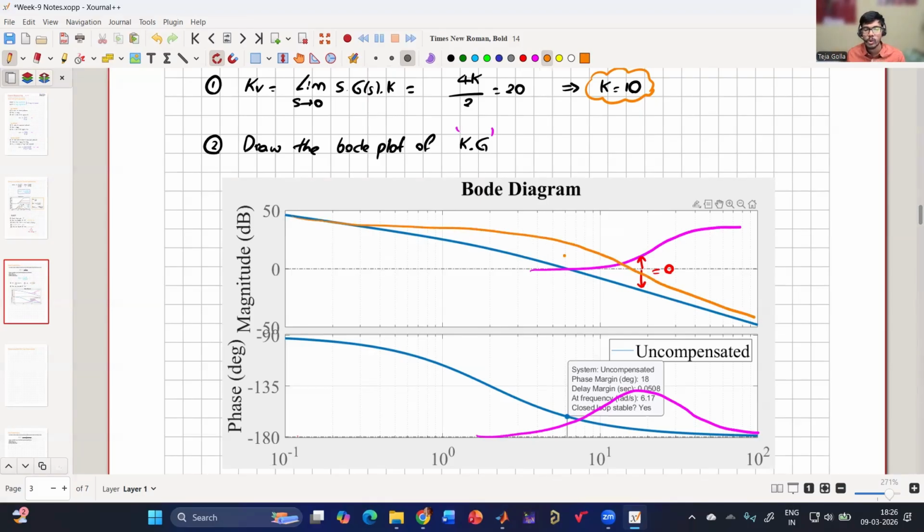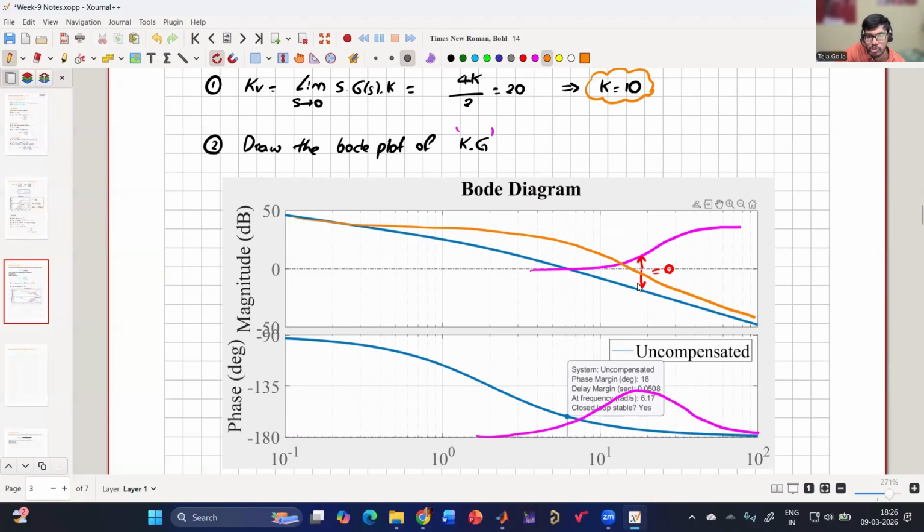So I have to add phase at the gain crossover frequency. I have to choose that omega m where the magnitude of this compensator and the open loop plant, or I should say K into G, will get cancelled and result in 0 gain, because at that 0 gain only I'm calculating the phase margin.